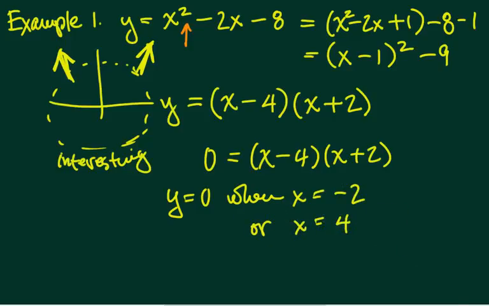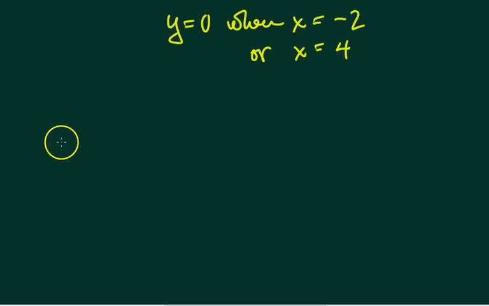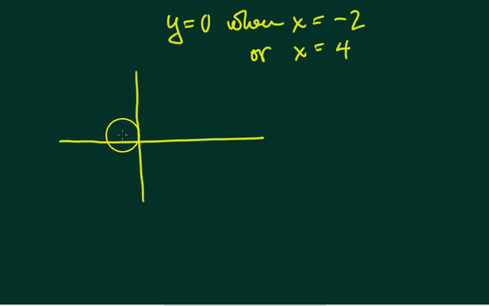So, continuing our graphing thing here. There's one zero. There's another zero. I have my up arrows at the right because it's going to be a parabola.